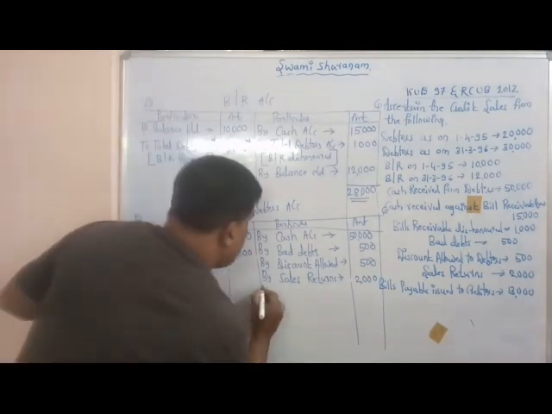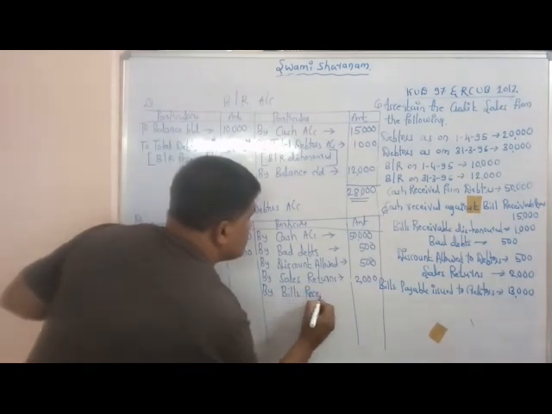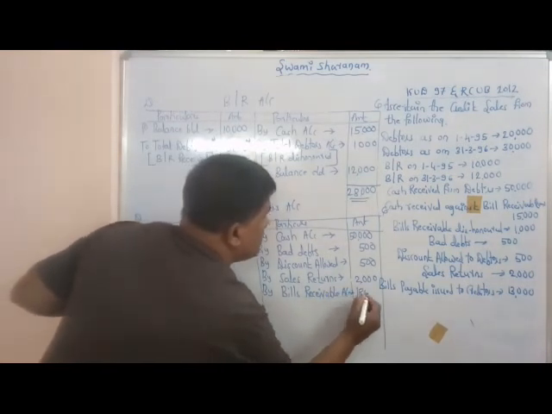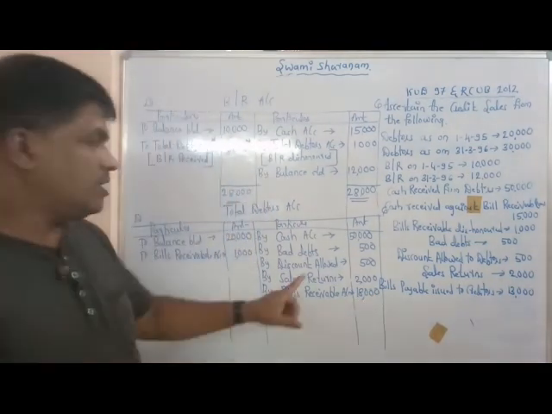So, by bills receivable account, how much is it? 18,000. It is a very important entry.